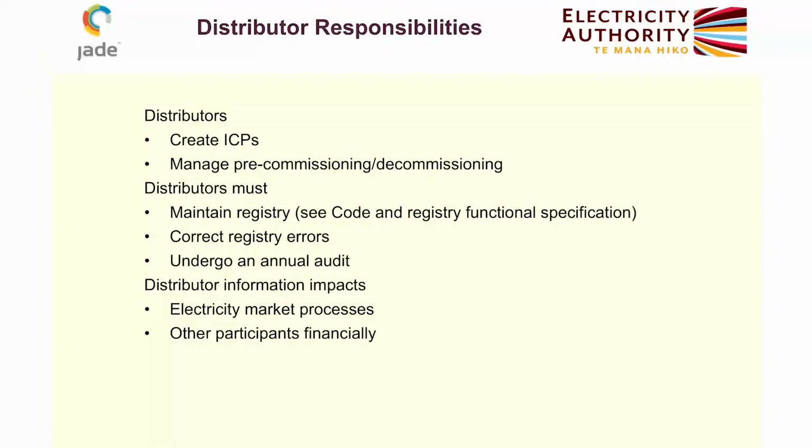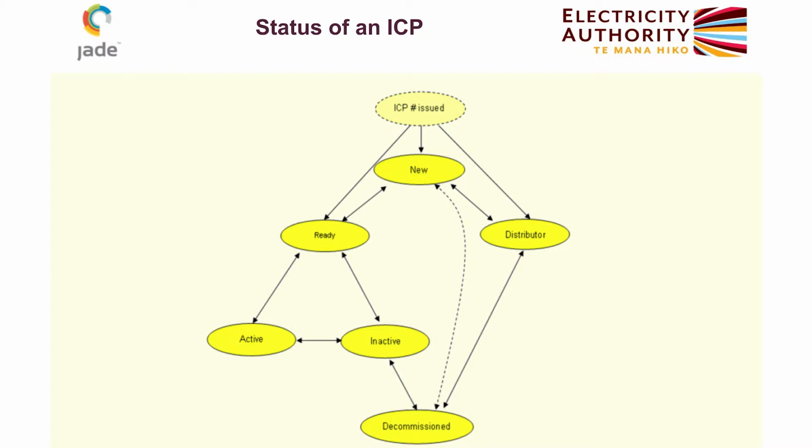As Ron has mentioned, one of the responsibilities of the distributor is to create ICPs. So the distributor can do that by logging on to the registry and going to the ICP Attribute Screen.